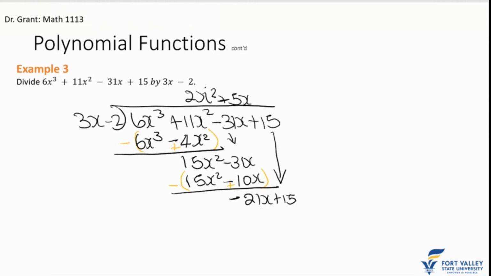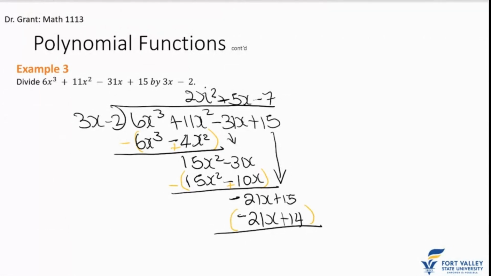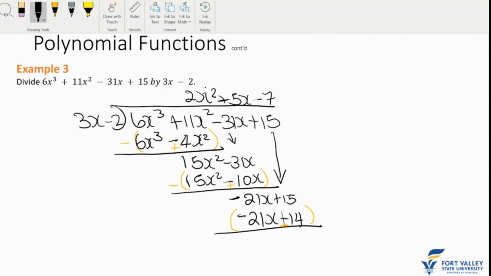X's will cancel, so this will give me a -7. -7 times 3x is -21x. -7 times -2 is going to give me a +14. And then I'm going to subtract. This is going to give me 1.